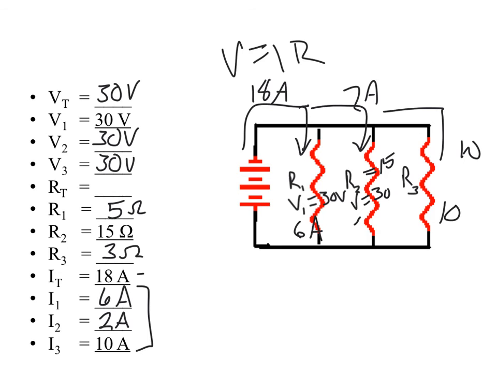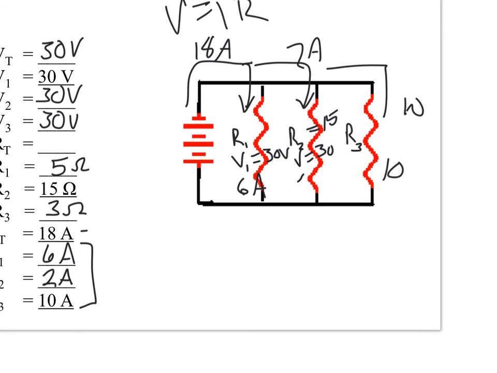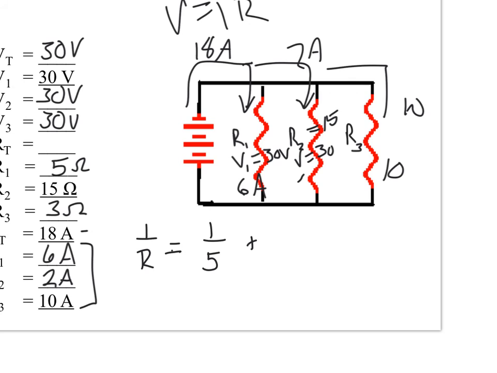Now, this is where that lovely fun equation comes in, because we're not going to just add these together. The equivalent resistance is 1 over R1 plus 1 over 15 plus 1 over 3.